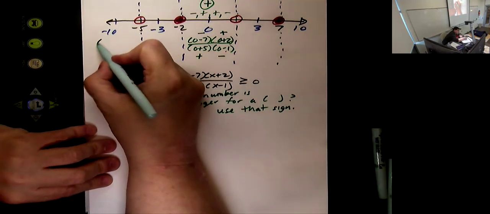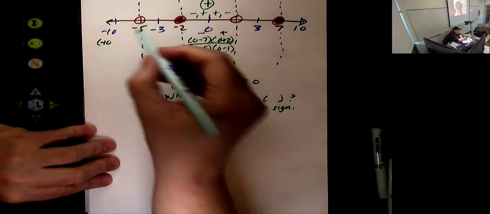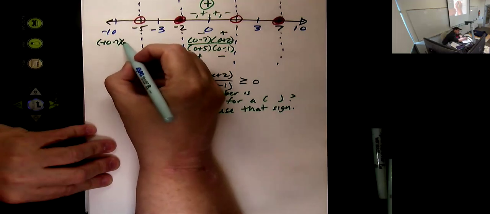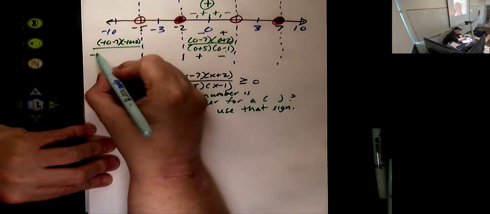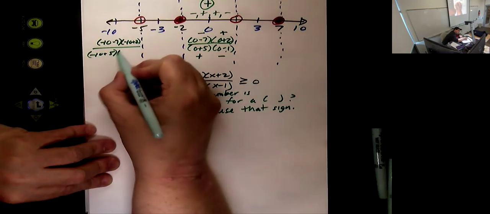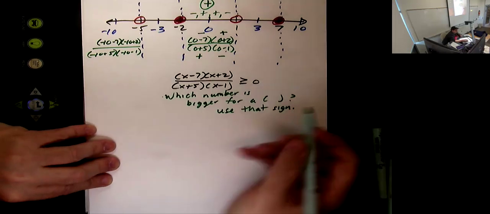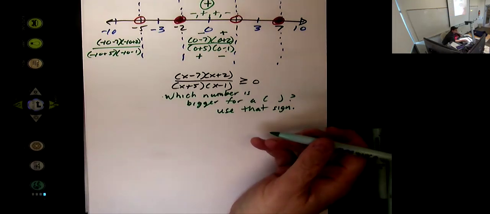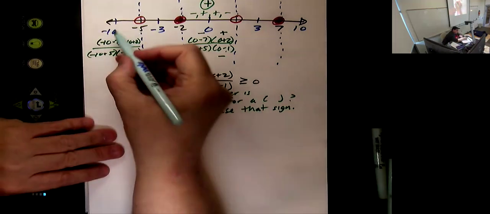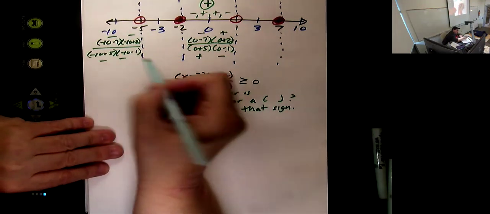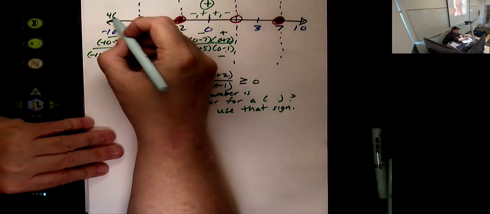So we'll start on the left. I'm going to do negative 10 minus 7, negative 10 plus 2, negative 10 plus 5, negative 10 minus 1. The bigger number in every category is the negative. Negative, negative, negative, negative. I've got 4 negatives.